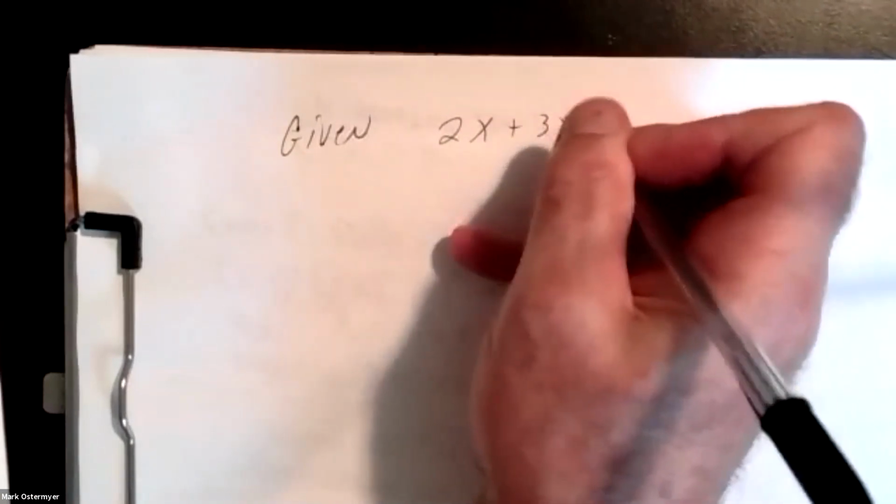Well, we're getting closer to showing what we're going to do here. Let's give ourselves another linear equation in x and y to play around with. How about this one: 2x plus 3y equals 6.